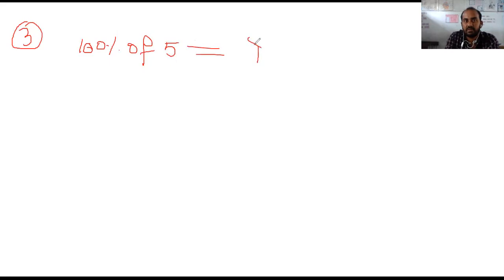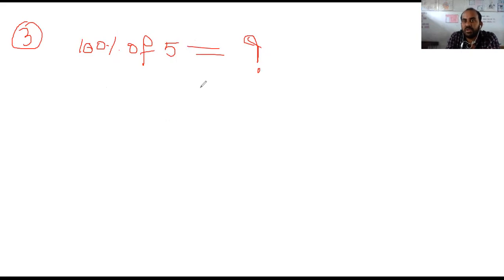And the third problem is, tell me the answer for this. 100 percentage of 5 is equal to how much? See how to solve this type of problem.